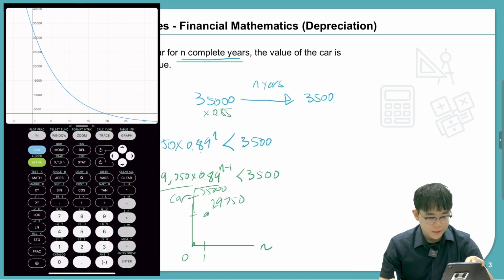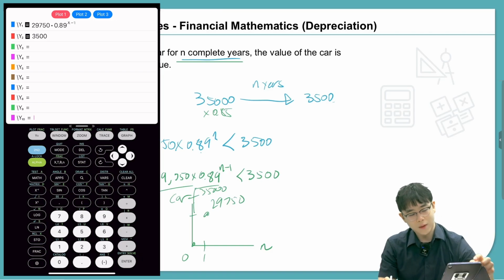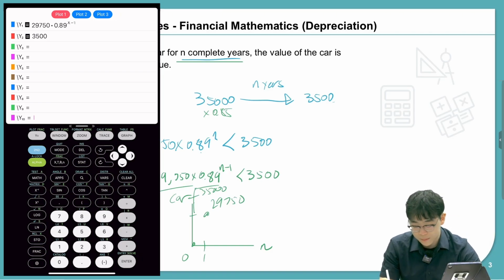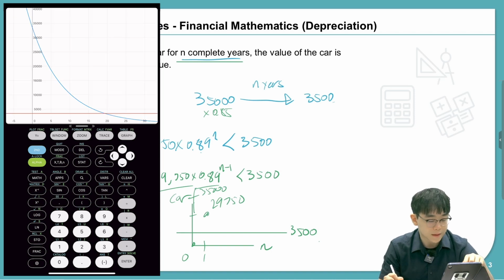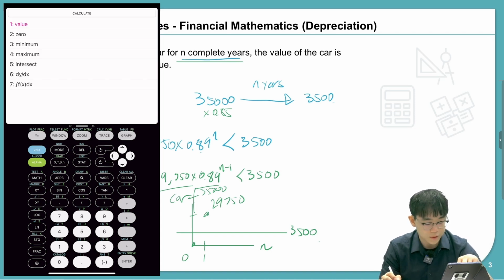Anyway, let's graph this. We get 29,750 times 0.89 to the power of x minus 1, then the threshold value of 3,500. Then if you graph this, we can find the intersect easily.